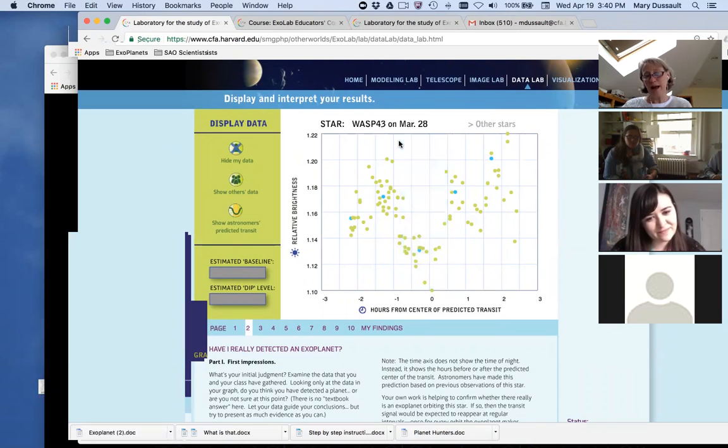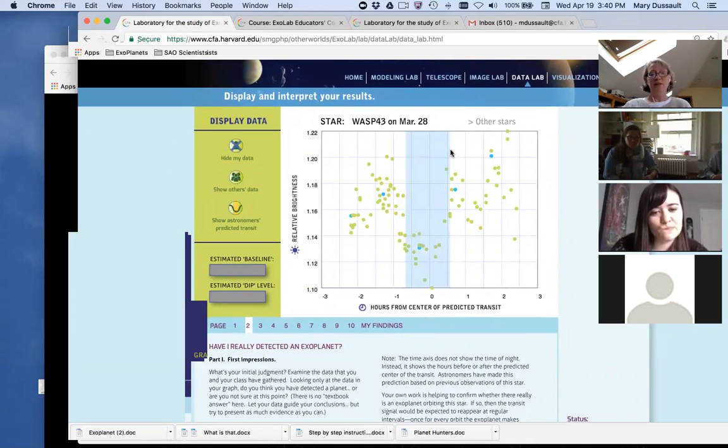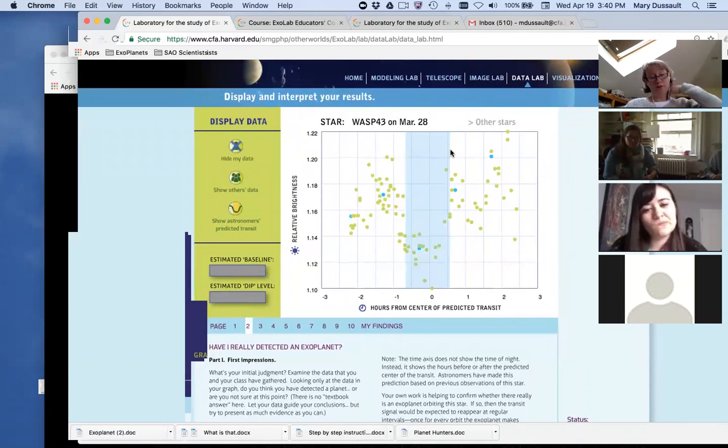They can click and drag where they think the duration of the transit actually was. It's a little hard for me to tell where it actually starts there, isn't it? It's a little hard, but maybe. And you can see this is a very short transit. It's just a little over an hour, maybe an hour and a half. So we have a very short and pretty deep transit.